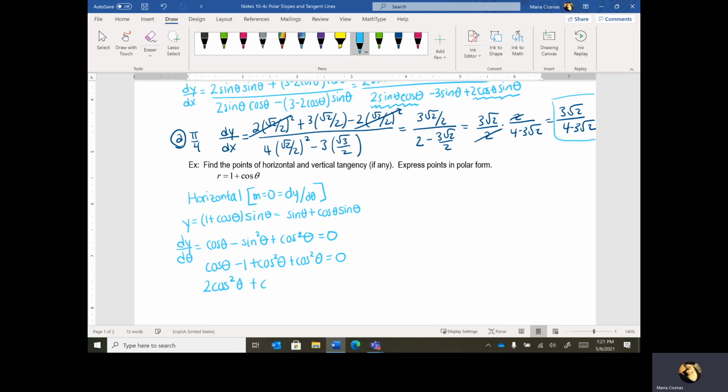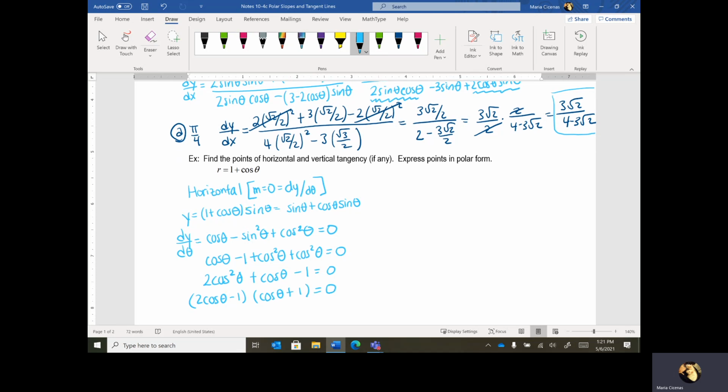Let's get ready to factor this. And so let's see, what are our factors? 2 cosine theta minus 1, cosine theta plus 1. Yep.